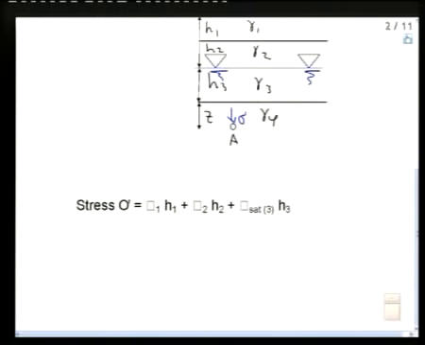So it's like this. Gamma 1 multiplied by H1, gamma dry. Gamma 2 multiplied by H2, dry. Then gamma saturated 3 multiplied by H3, plus Z gamma saturated 4, right?